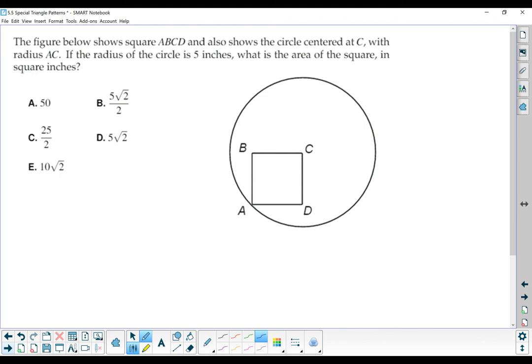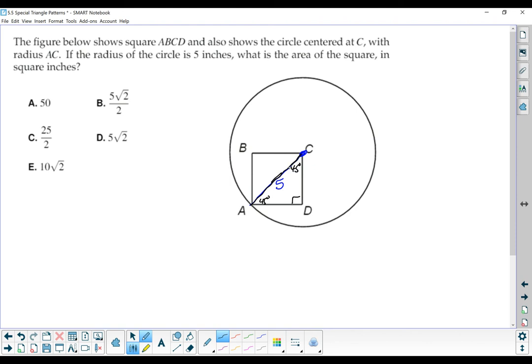All right, last one. In the figure below, we've got a square, and this is the center of the circle. If the radius of the circle is 5, what is the area of the square? Well, since that's a square and this is the diagonal of the square, this is a 45, 45, 90 triangle.